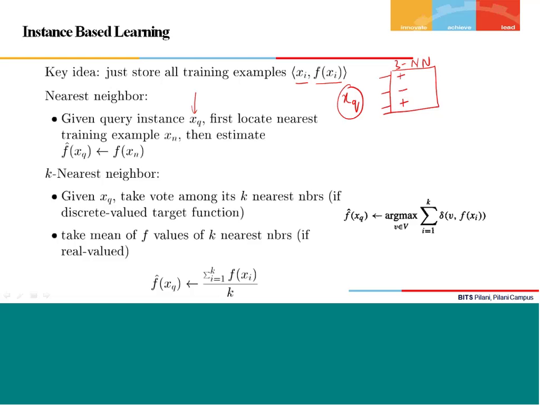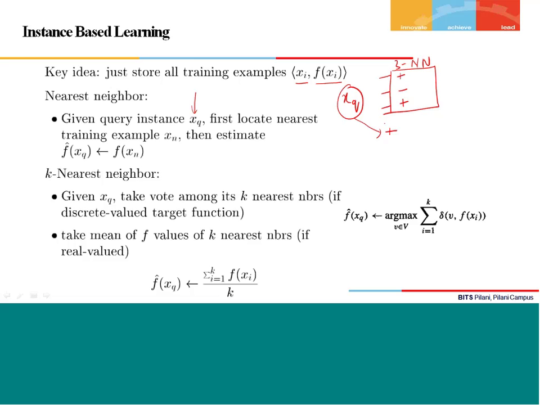Among the three nearest neighbors of my query point, there are two positive and one negative. The majority belongs to the positive class, therefore I will assign the positive label to this query point xq. This is very simple.